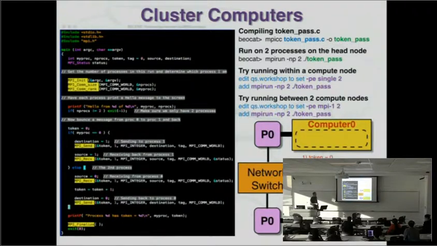So for a C program, you use MPI CC and give it the source code, and then again we're going to name our executable. And you can run this to start out with just on Beocat on the head node.